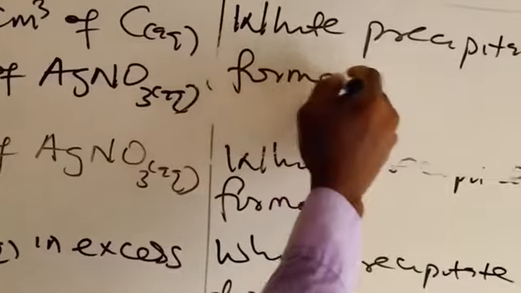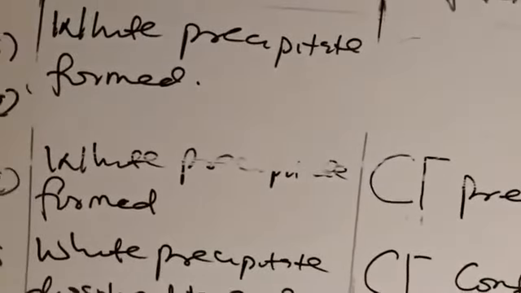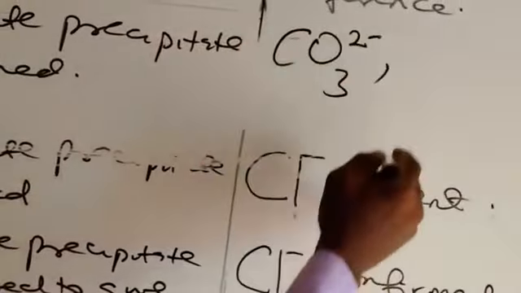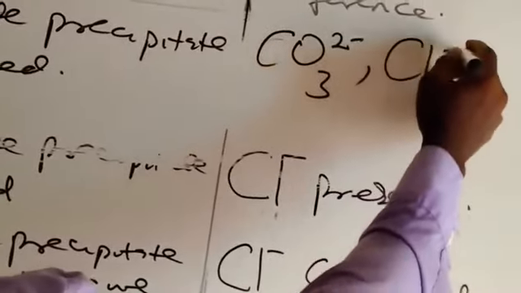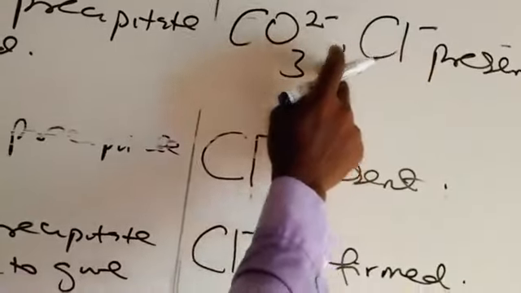White PPT formed, and your inference will no longer be carbonate and sulfide absent. Your inference now will be CO3 2 minus, comma, Cl minus present. Please note, the comma means this or that, present.